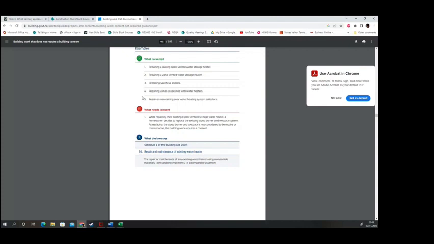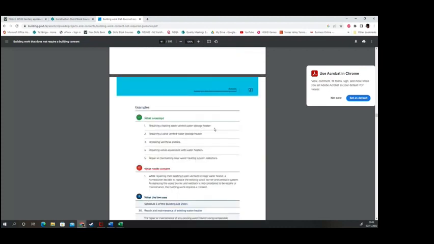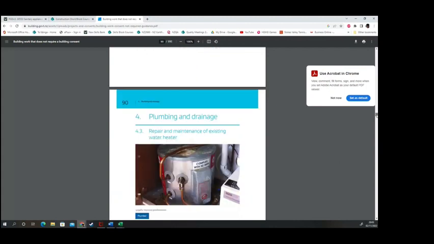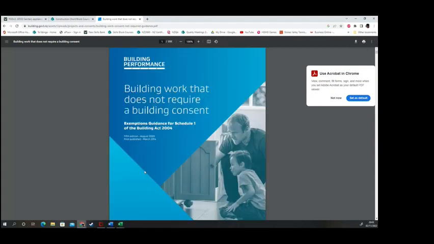Just like if you went and repaired a toilet. So it's a bit more major than that. But when you say consent, that means exempt from needing consent. Yes.